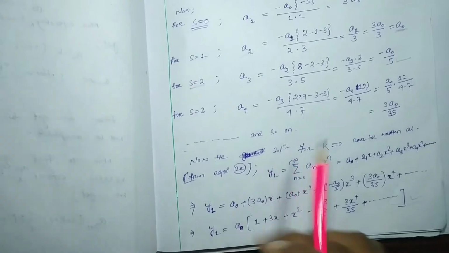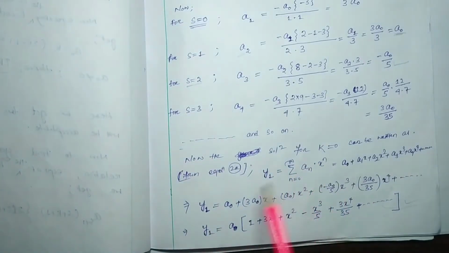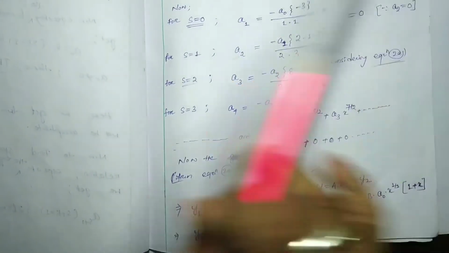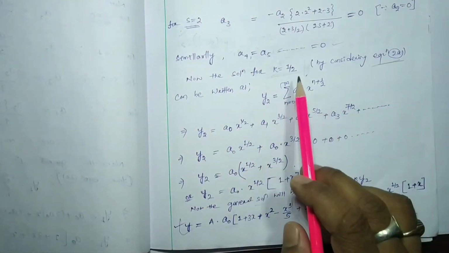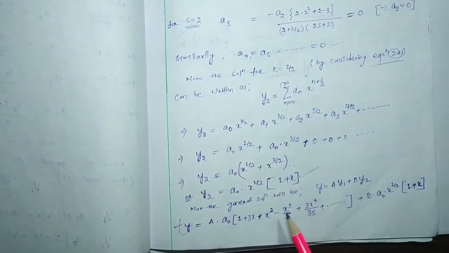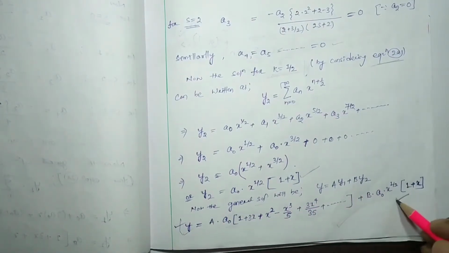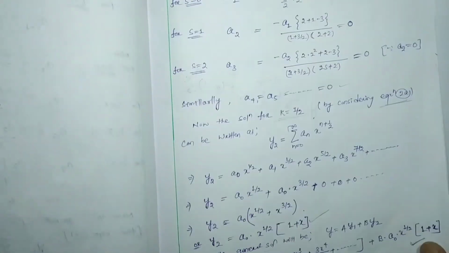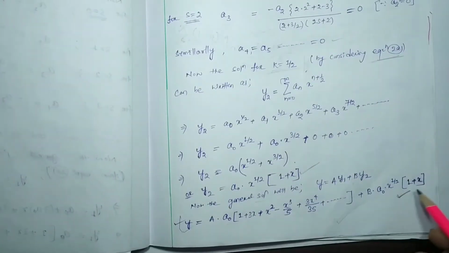This is your solution for k equal to 0. Next for k equal to 1 by 2, this is the solution, y2, and the general solution is a y1 plus b y2. This is the general solution of that differential equation, the so-called power series solution using Frobenius method.